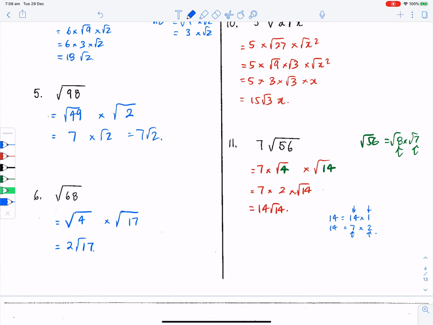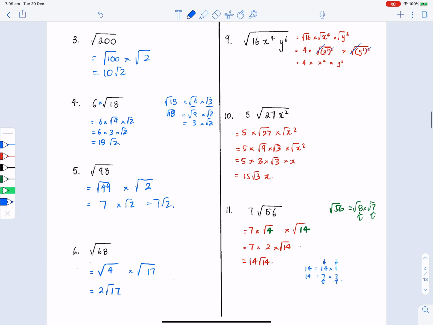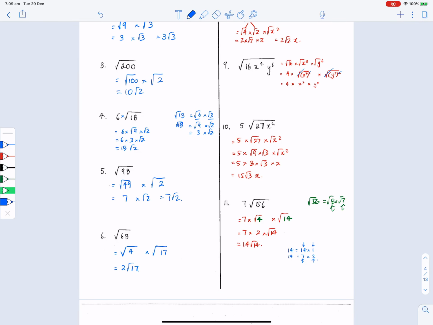All right, so that concludes simplifying of surds. And you're not going to watch what I've done in the last 15 or 20 minutes and be an expert or be very good at simplifying surds. You must pick up your pen. You must practice questions.